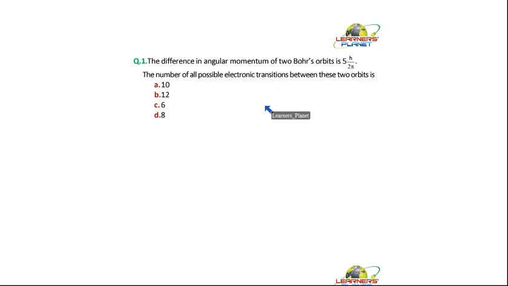Now how can you calculate this? We have a formula: the number of spectral lines is equal to n into n plus 1, divided by 2.